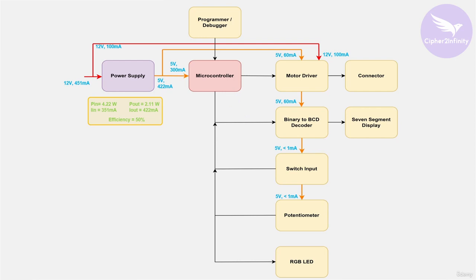After that, I hope you remember I told you we are going to power our hardware or our system using an external 12 volt adapter or using an external 12 volt power supply. Okay, so if you see here, this 12 volt line is provided as an input to this system power supply, and also it is provided as an input to this motor driver block.